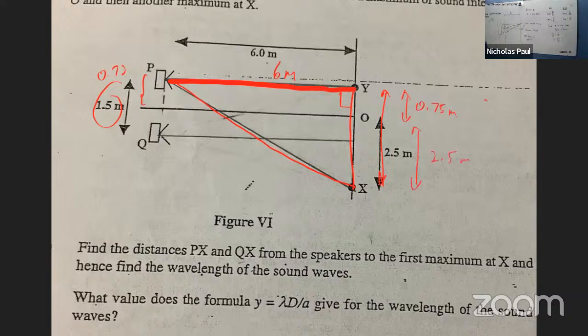So when you add up the whole length, you get 3.25. And then you're going to use Pythagoras theorem, right? So 6.8.